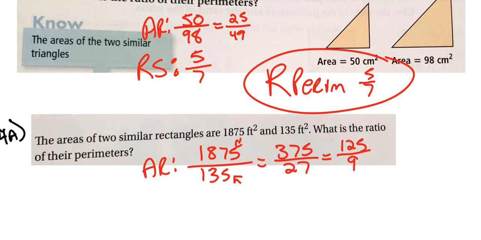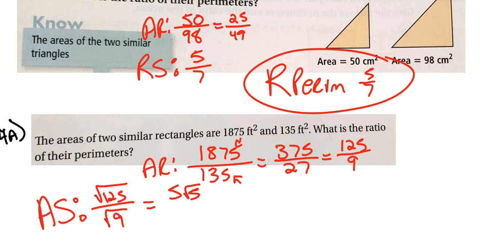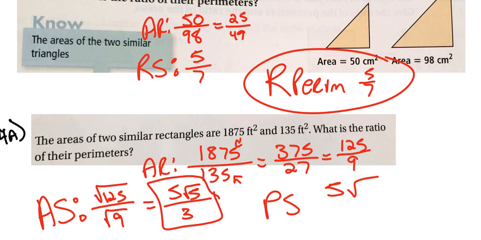So unfortunately, I'm going to do this one in radical form, which I know most of you guys love to hate. So the ratio of similarity is going to be the square root of 125 over the square root of 9, because I need to take the square roots. That's going to end up being 5√5 over 3. And therefore, the perimeters would be the same. Sorry, I forgot it was perimeter.